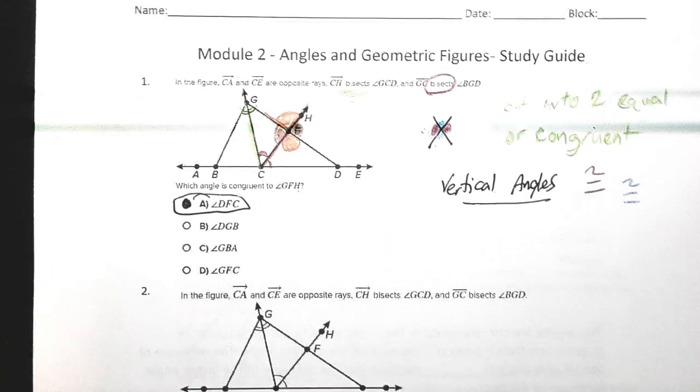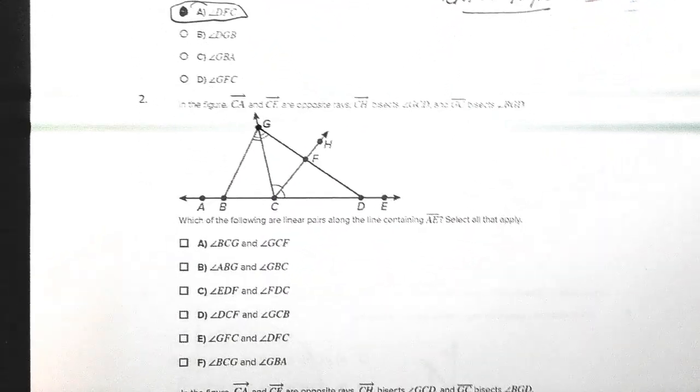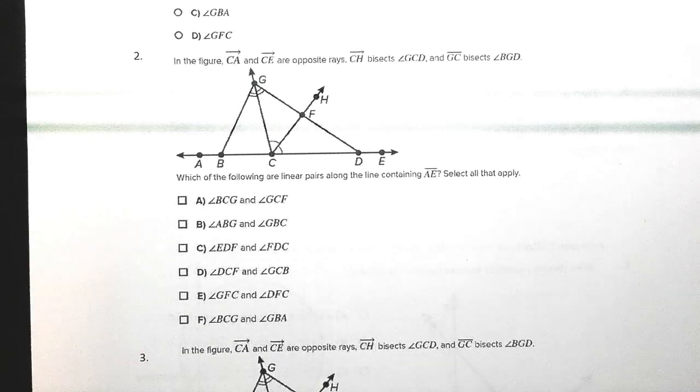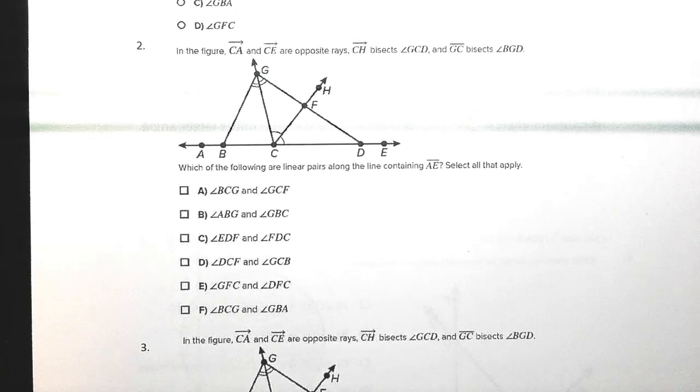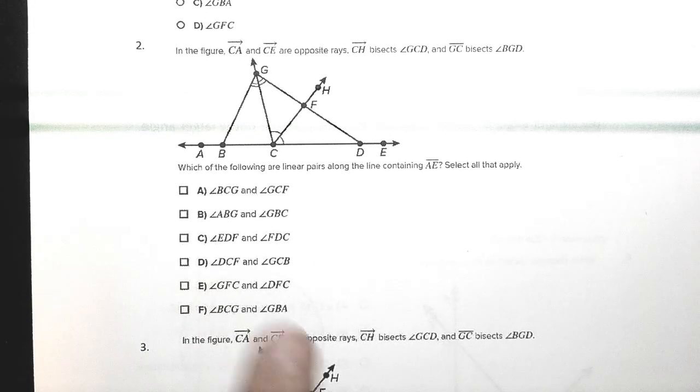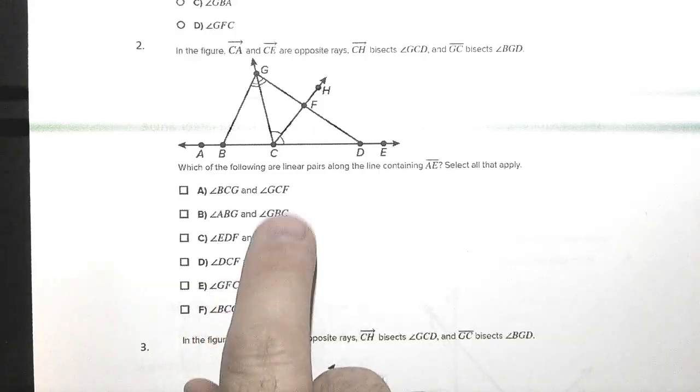All right. So number 2, and this is one of those that was removed because it was not on the test, but this is something that you need to know, because as we get into new stuff, especially starting in module 4, you're going to need to pay attention to linear pairs. So number 2 in the figure, we have CA and CE, opposite rays again.